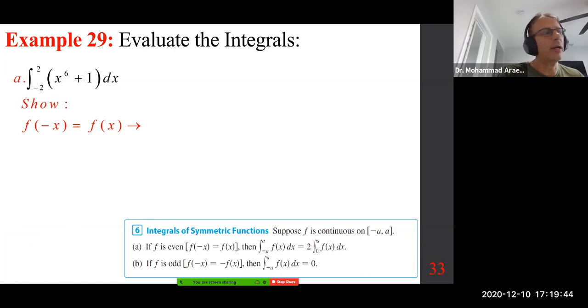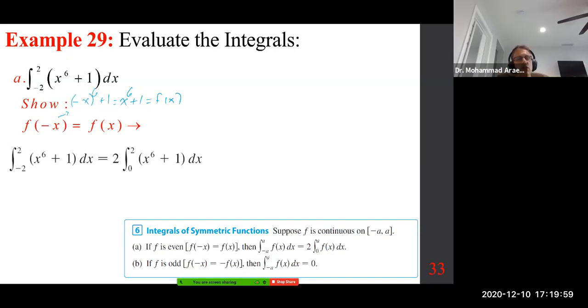So f of minus x is minus x to the power of 6 plus 1, which is x to the power of 6 plus 1, which is f of x. You have to prove that. Therefore, we can calculate it in this manner. It makes life easier, and when we do that, we come up with the answer in no time. It's a tad faster.